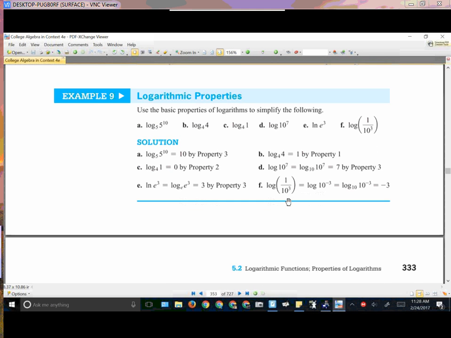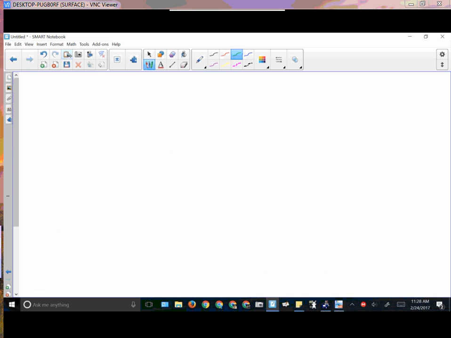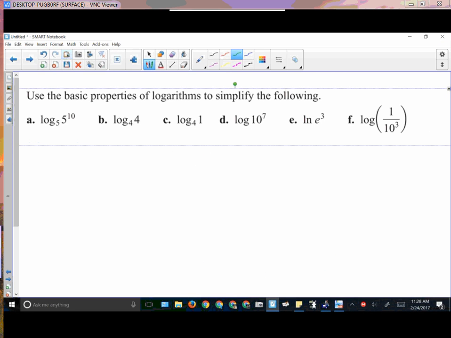When we have these logarithmic properties, we want to use these to simplify things. So I want to simplify these. What are they going to be?